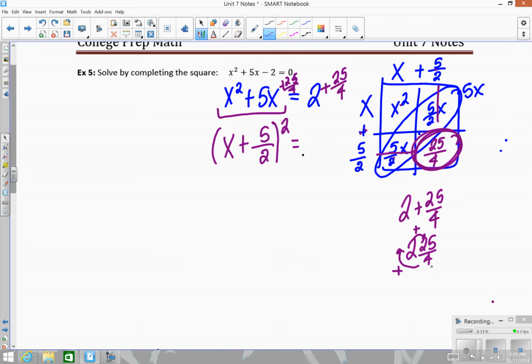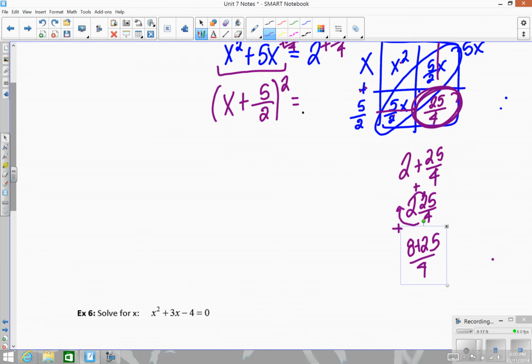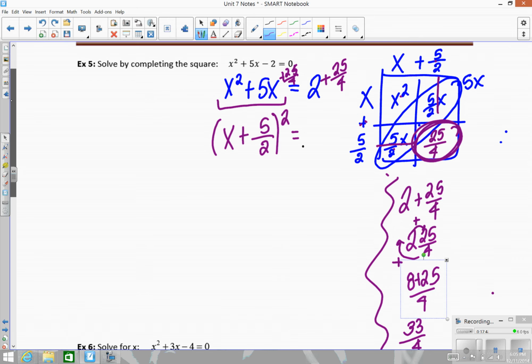So we would have 2 times 4 gives me 8. So then it's 8 plus 25 over 4 is what's left. So you would get 33 over 4. Just to review this fraction stuff with you because you do need to know it for your AccuPlacer exam. So 33 over 4.